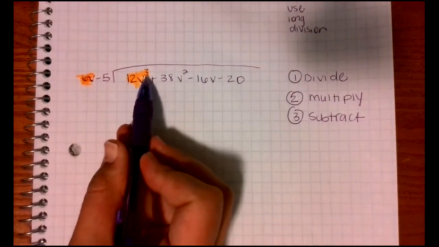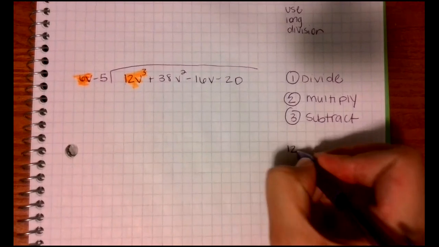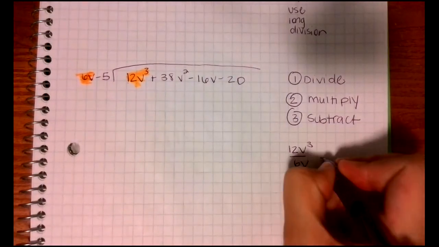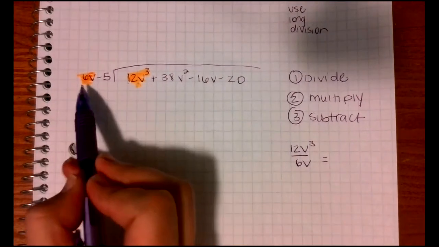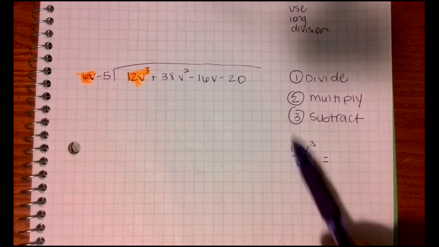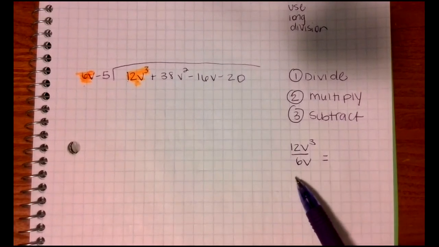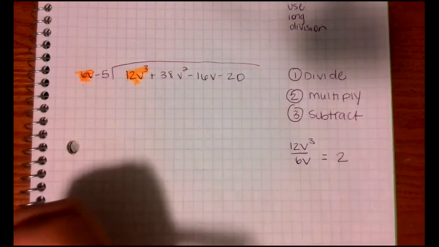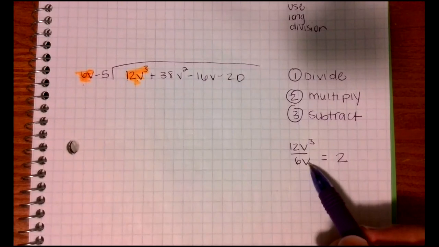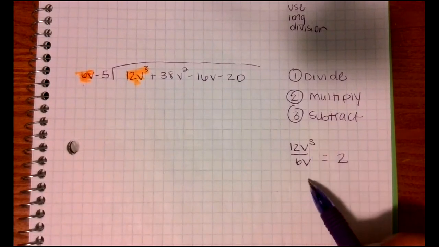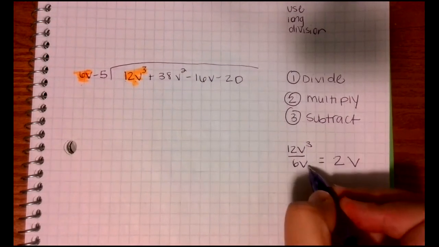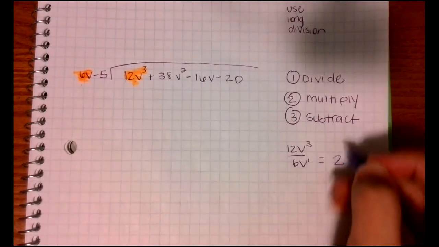So we do 12v cubed divided by 6v. First term divided by first term. When we do this, you divide the coefficients: 12 divided by 6 is 2. When you divide v to the third by v, you really just subtract the exponents, so it makes it v squared, because this is 3 and this is 1, and 3 minus 1 is 2.